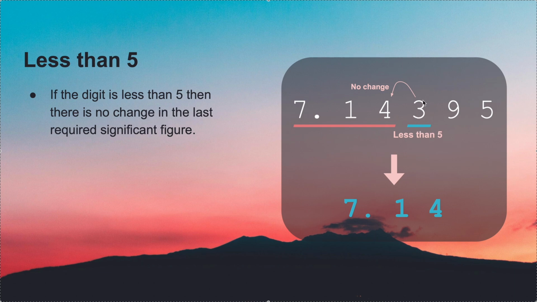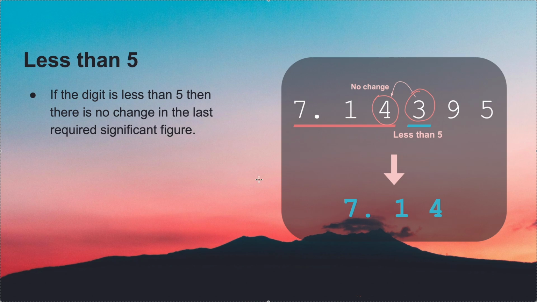In this case, the digit is 3, which is less than 5. So there will be no change in the last significant figure here, and the final value will be as it is, which will be 7.14.